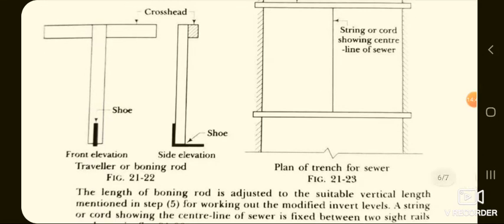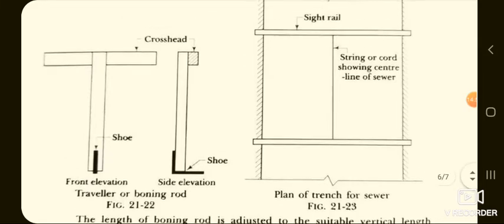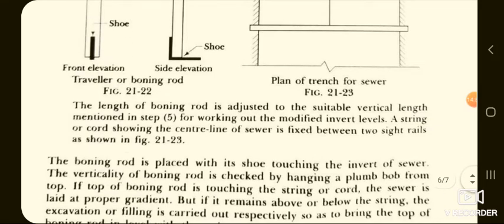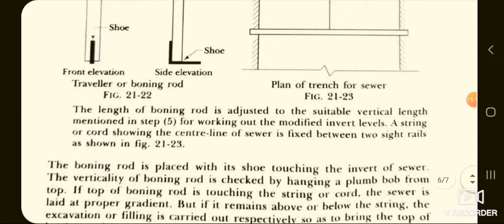This is the plan of trench for sewers, that is figure 21-23 here. Now, the length of the boning rod is adjusted to the suitable vertical length mentioned in step 5. For working out the modified invert levels, a string or cord showing the center line of sewer is fixed between two side rails as shown in figure 21-23.